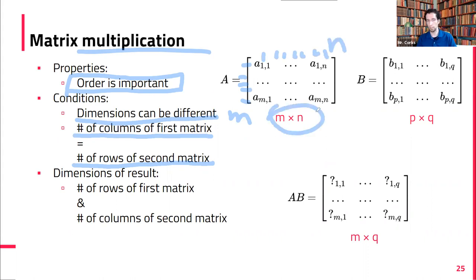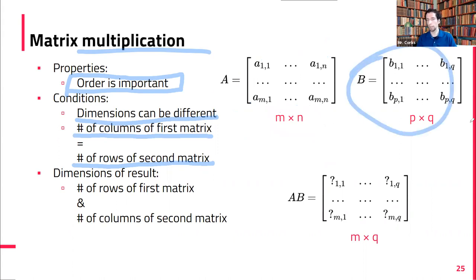Those are the dimensions, rows by columns. And then we also have matrix B over here, which is a P by Q. P is whatever, Q is whatever; those are the sizes of matrix B. So the columns of the first matrix, that's N, must be equal to the rows of the second matrix, that's P. So these two numbers must be equal.